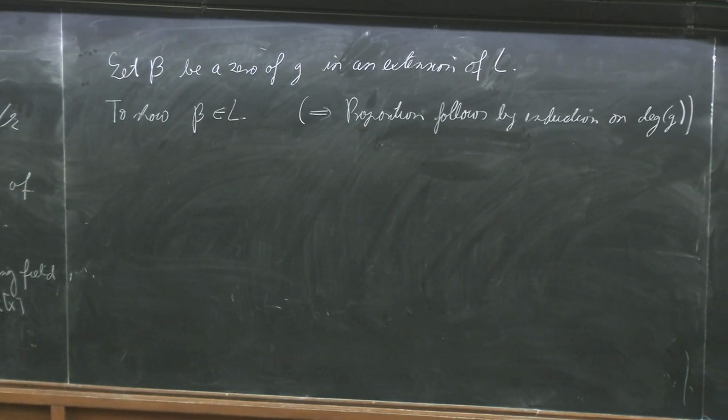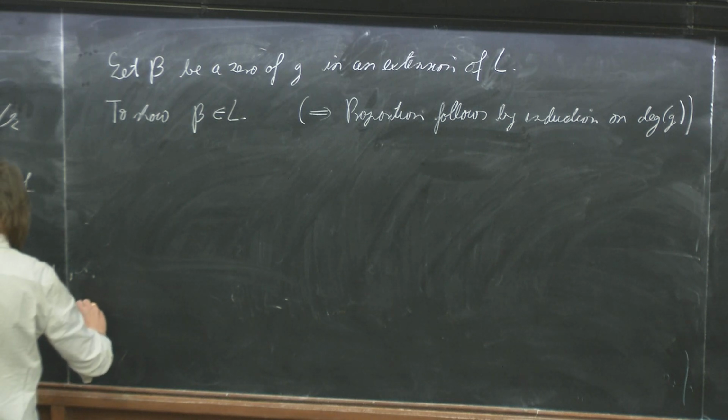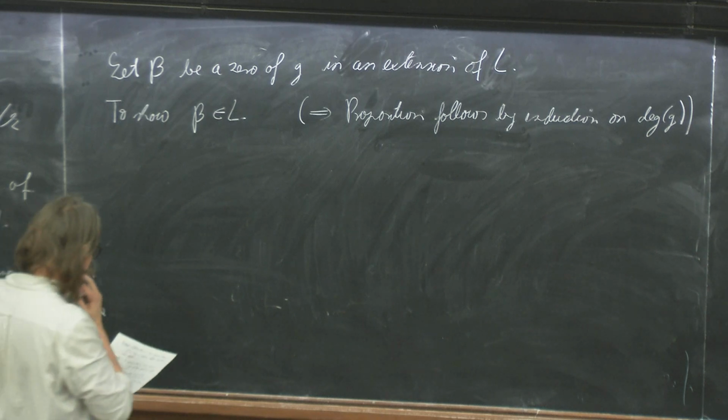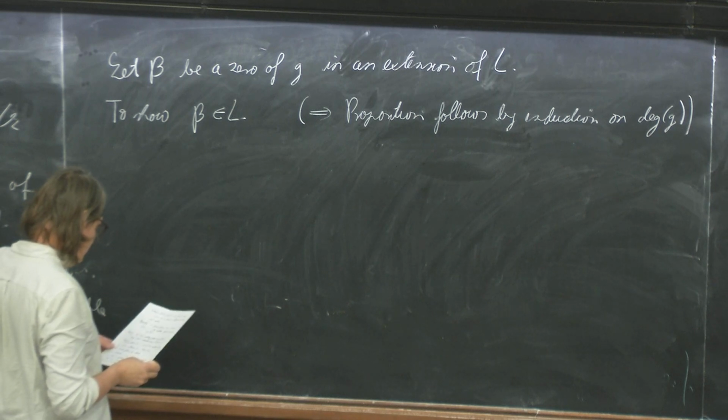Like this, it would actually be wrong, because this is not the assumption of being normal. To have a normal extension, the statement is that every polynomial which is irreducible, which I forgot to write, and has a 0 in L, splits. So G should be irreducible, with a 0 in L, then it splits. Okay.